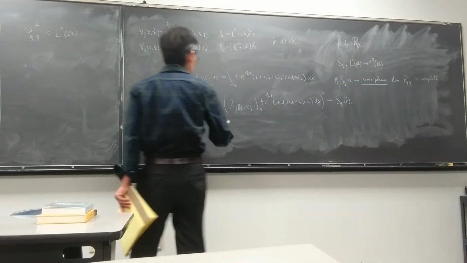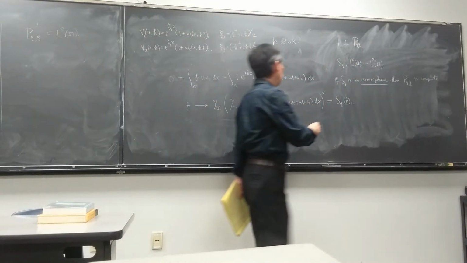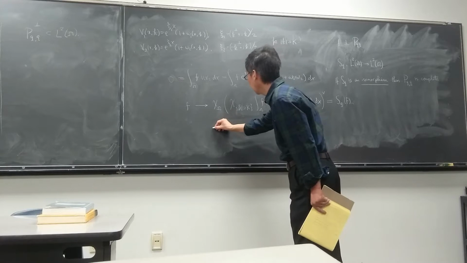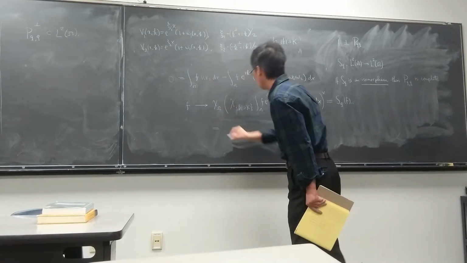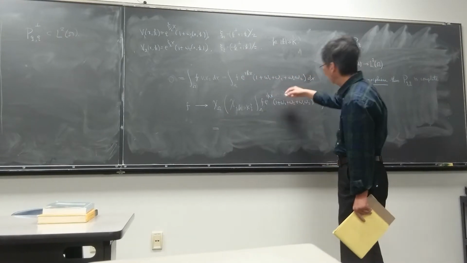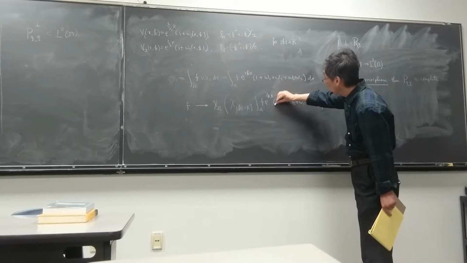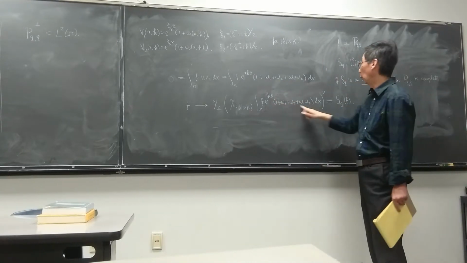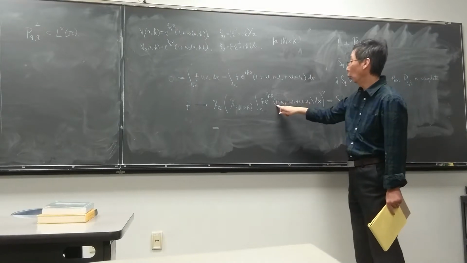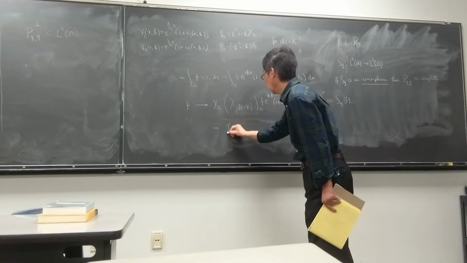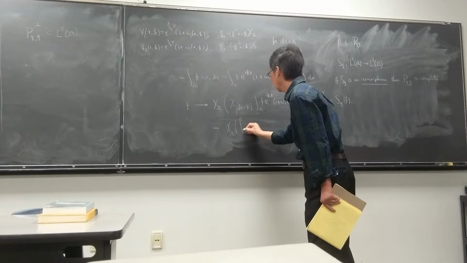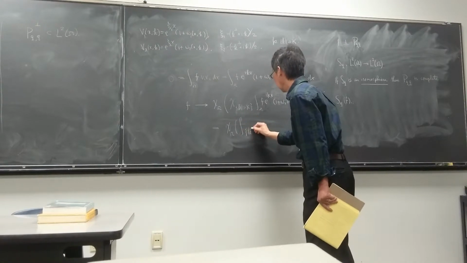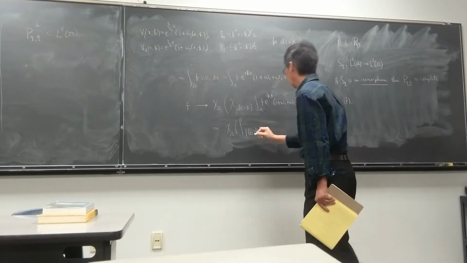If you take a look here, you can rewrite this operator in two parts. First, there is an important thing here, that's 1, so I separate 1 from the rest. Here, this is the chi.